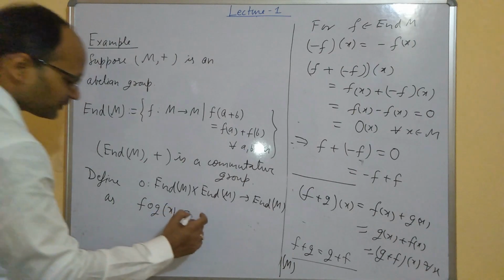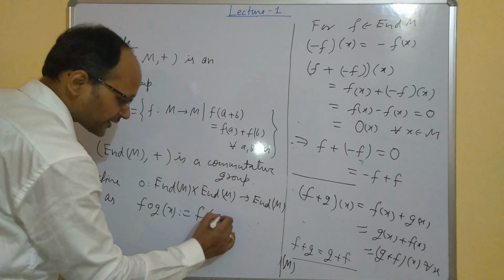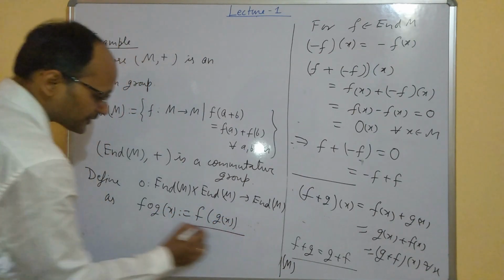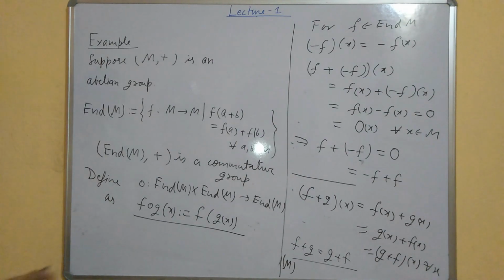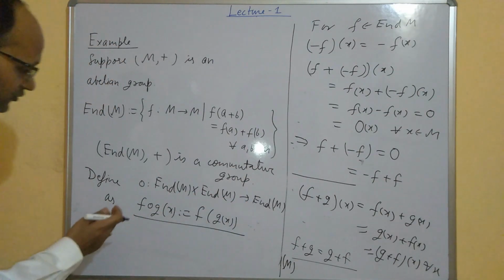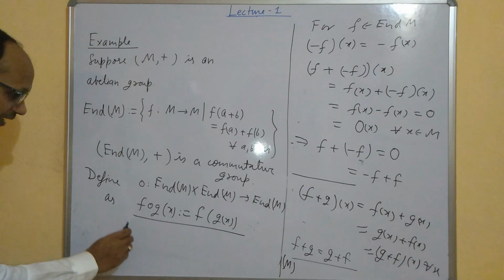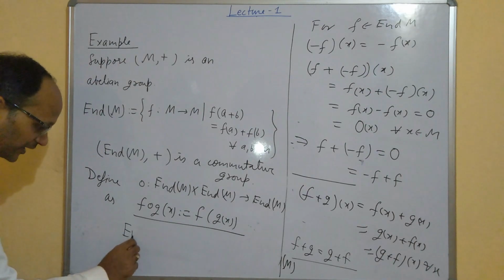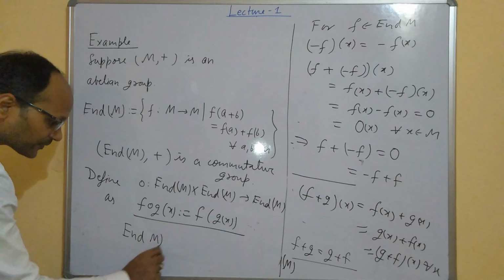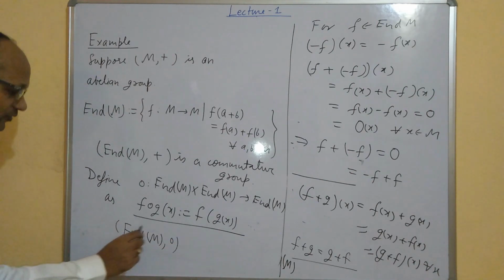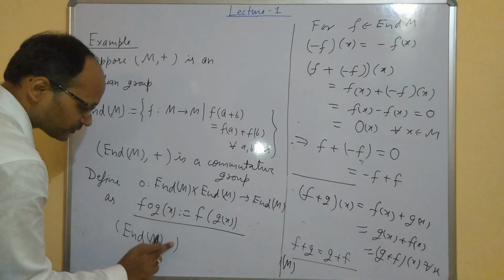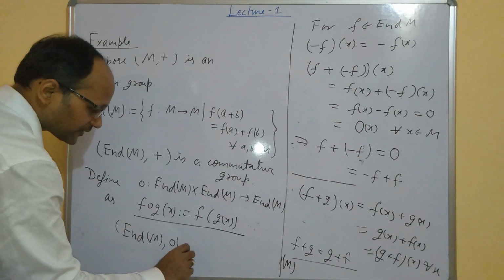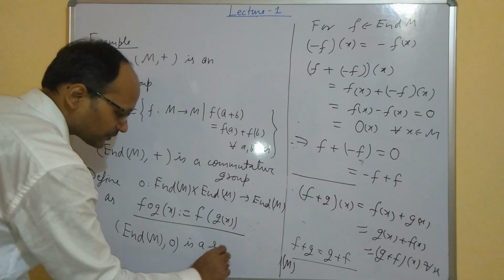So I am defining its image: f(g(x)). This is the composition of maps, and we know that the composition of maps is associative. It is quite easy to show that composition of maps is associative. So End M with respect to this operation ∘ is a semigroup.